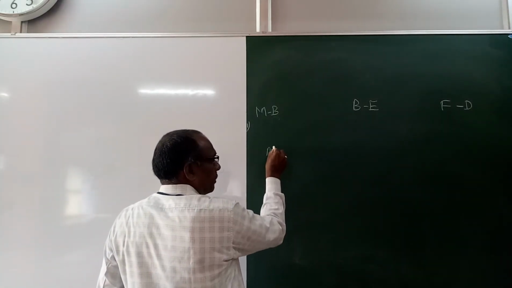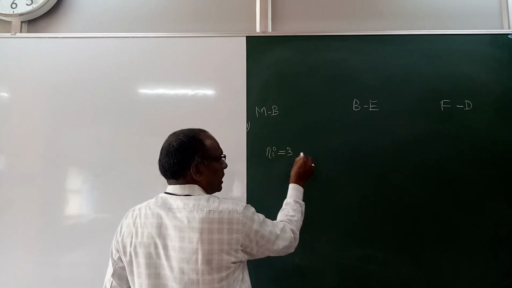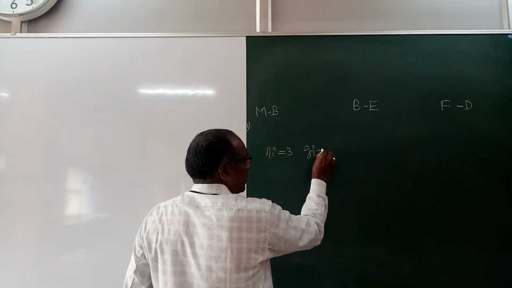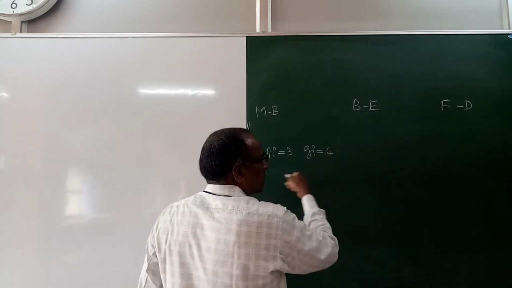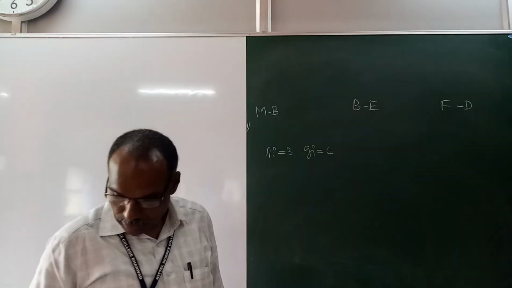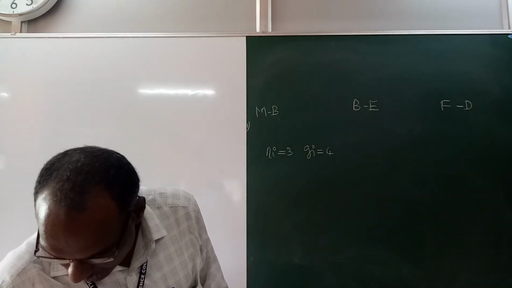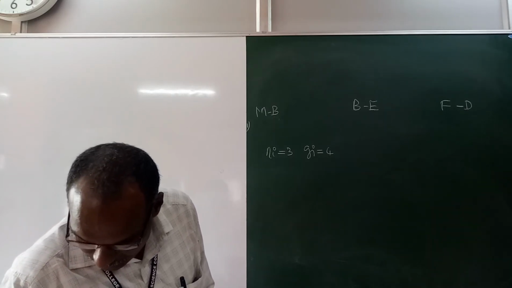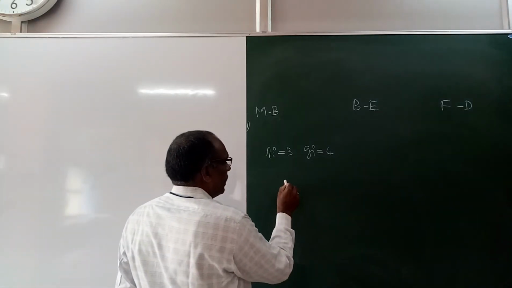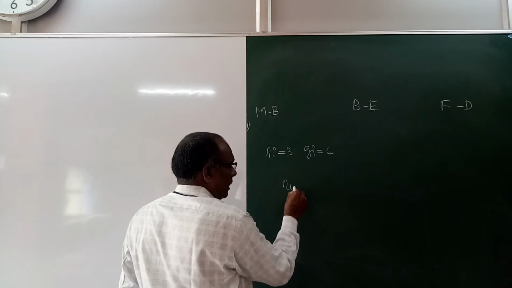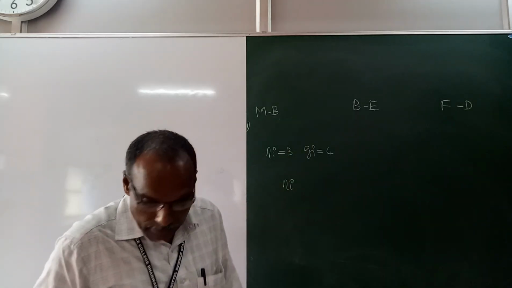The number of particles is given as 3 and the number of cells is given as 4. How many ways can we have this? This can be found out using this formula, using Ni.